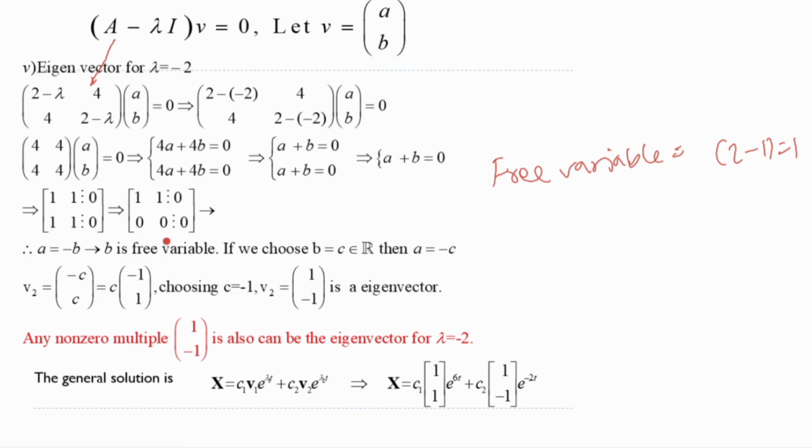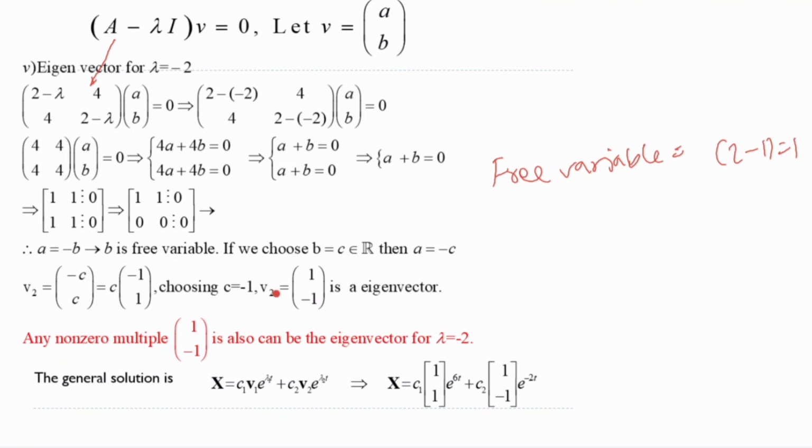So we choose the free variable to be b. So a equals minus b. Free variable means we can choose any real number. We consider b equals c. Then we get a equals minus c. So now our vector is (minus c, c). We can take c common outside, (minus 1, 1). Now we can choose any real number to simplify this vector. Here I choose c equals minus 1.